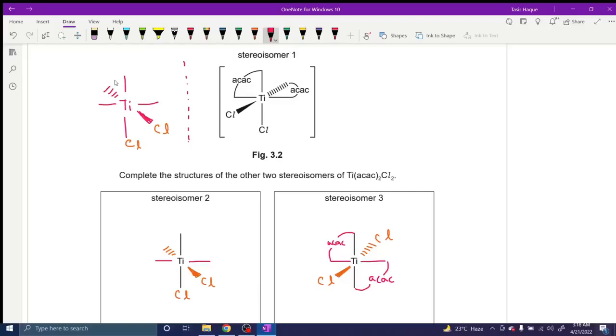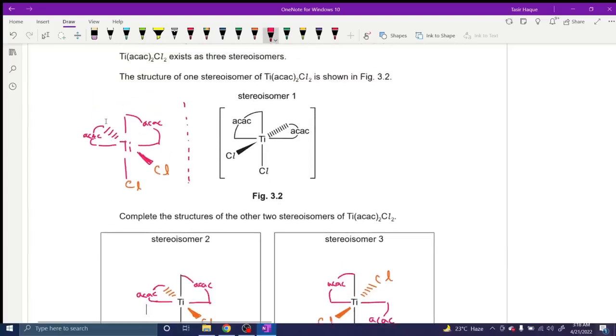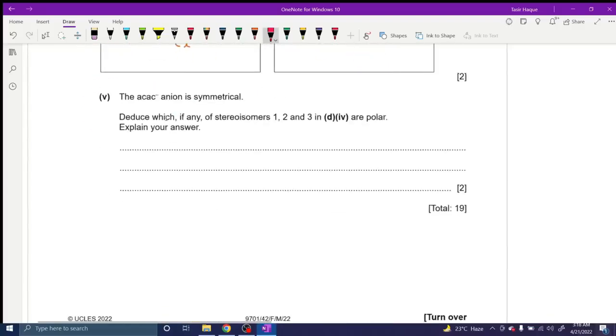Think about where it was initially. One was placed here, ACAC, and this one was placed here, ACAC. Like this. This is it. As you can see, it's a mirror image, right? Laterally inverted. Okay, see if this is fine. I just drew the mirror image. It's drawn on top with the mirror.